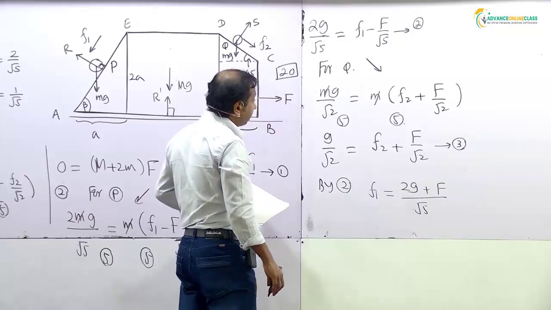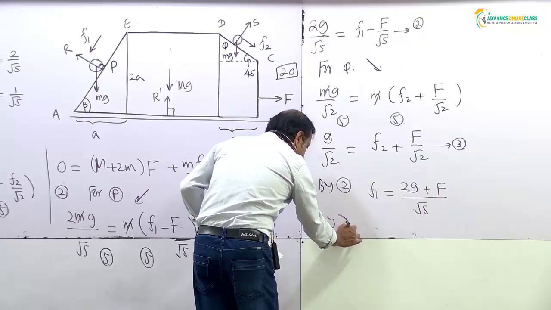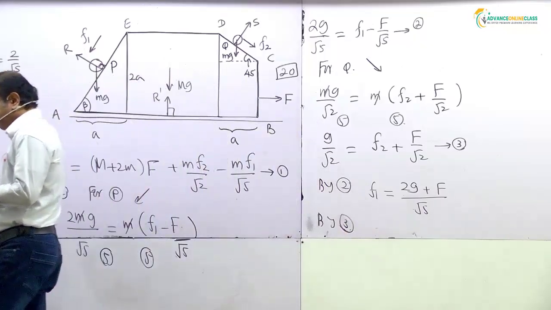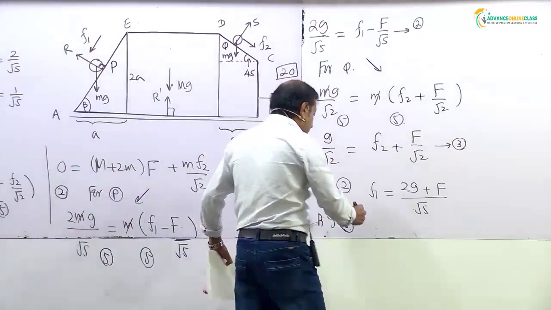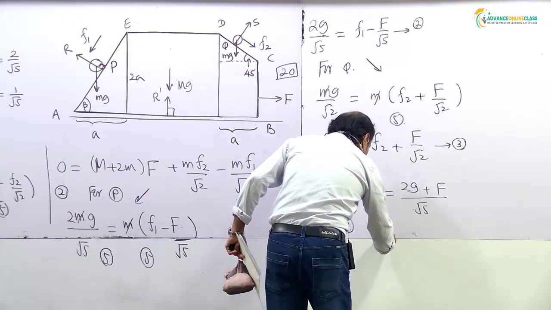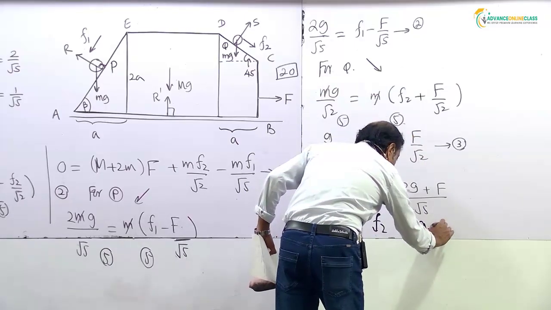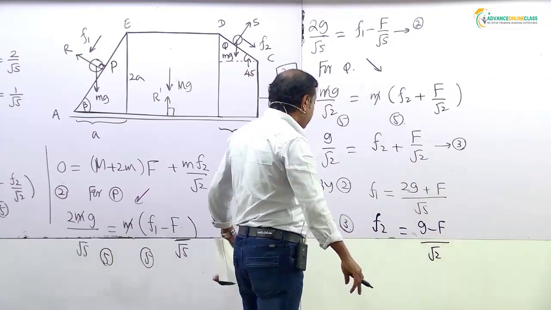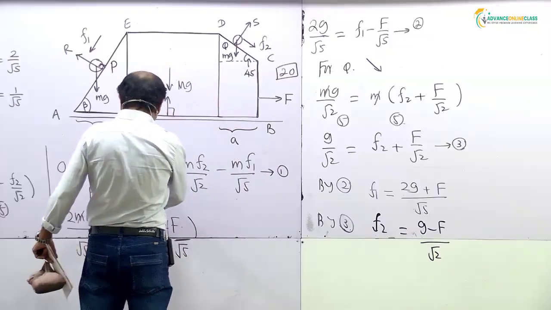By number 3, subject F2. There is a side, g minus capital F divided by root 2. Both F1 and F2, we substitute in number 1.